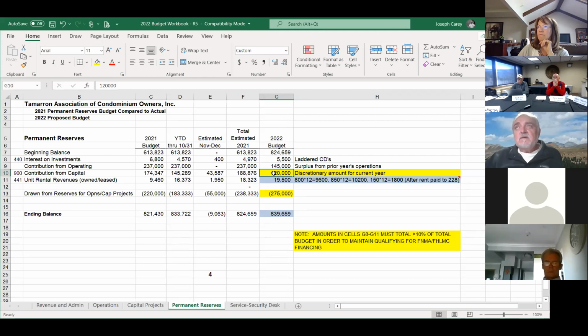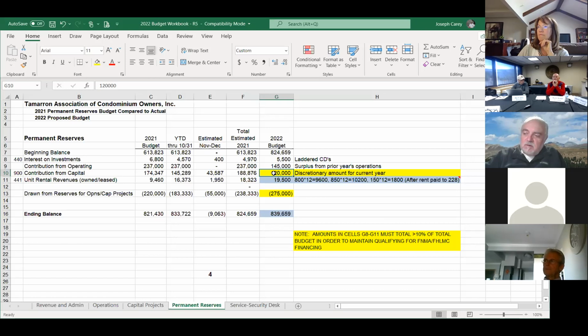Can we discretionarily say, nope, we're not going to meet that 10% this year, for whatever the reasons are, and cast fate to the wind?